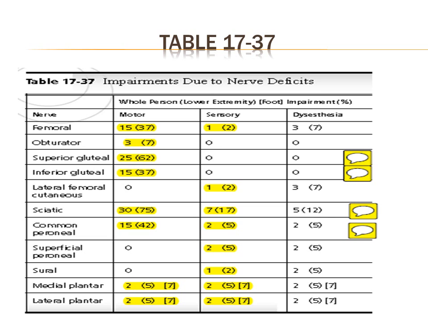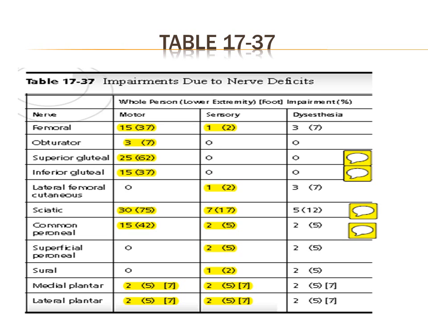Pain could be subsumed under the loss of sensory function of the nerve, and the table also provides for permanent impairment due to altered sensations, dysesthesia.